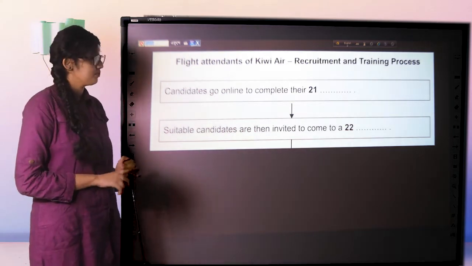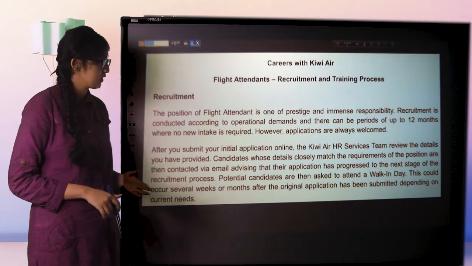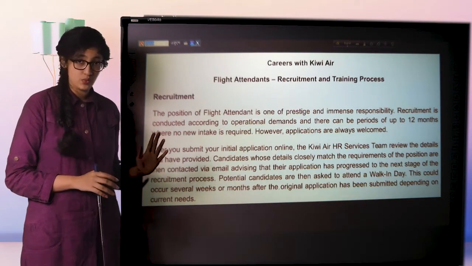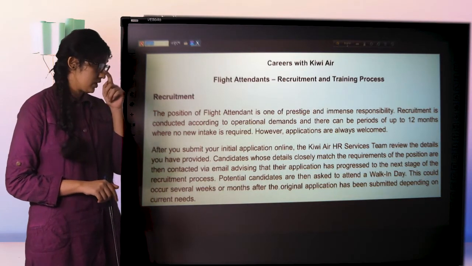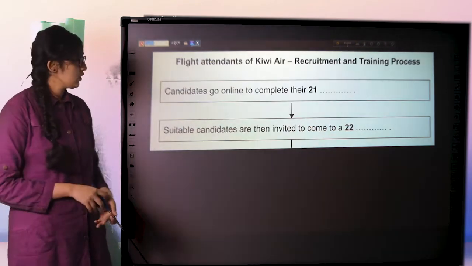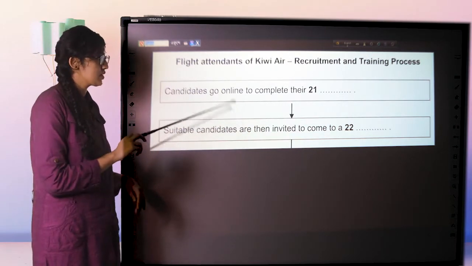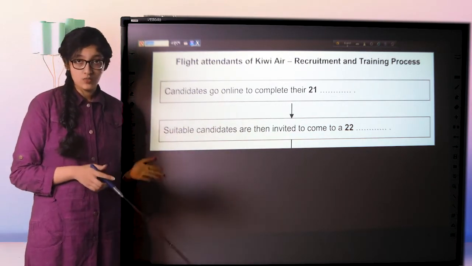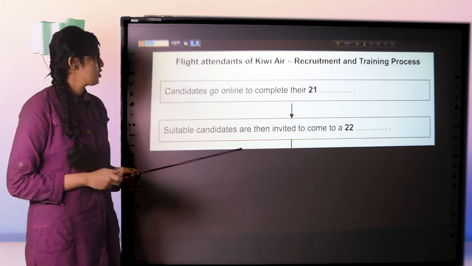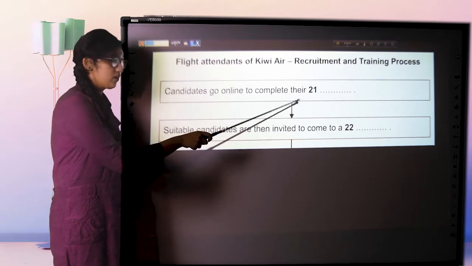Okay, so this is part of the passage, and you can pause the video right now and go through this passage and try to find the answer. Before that, you can go ahead and try to highlight the key points of these 2 questions so that you know what to look for when you're reading the passage. Over here, the first one: candidates go online to complete their dash.